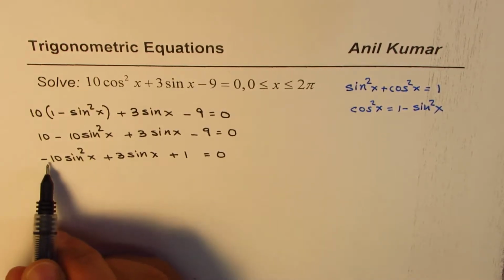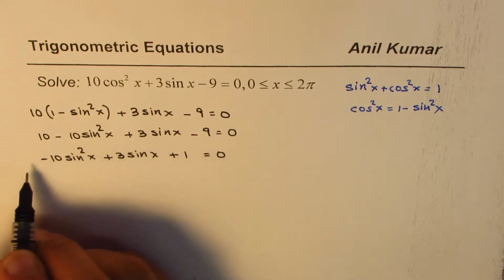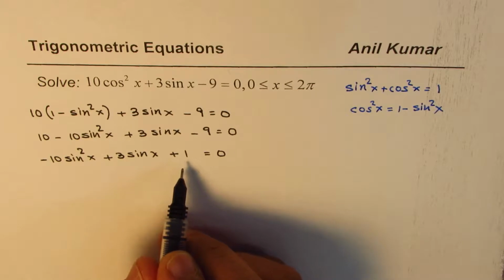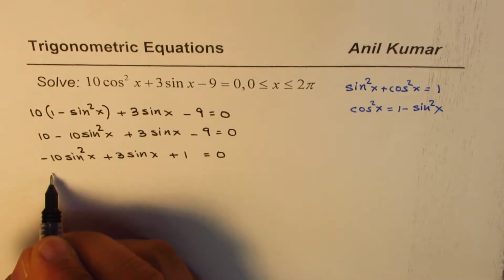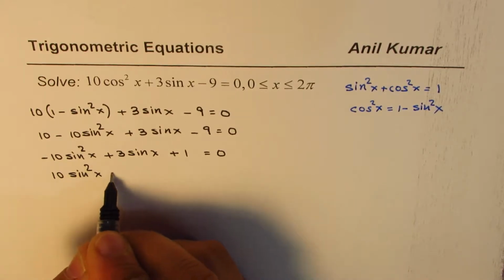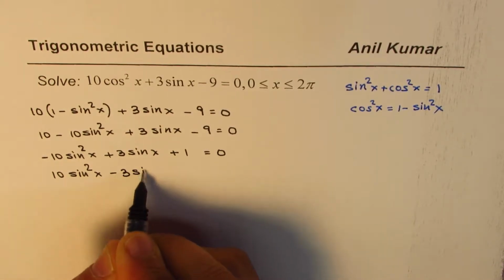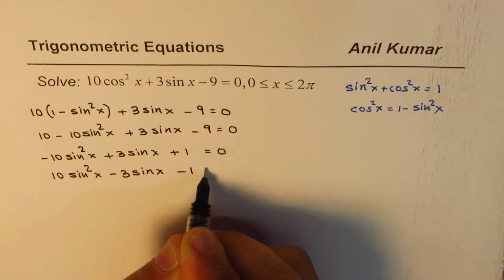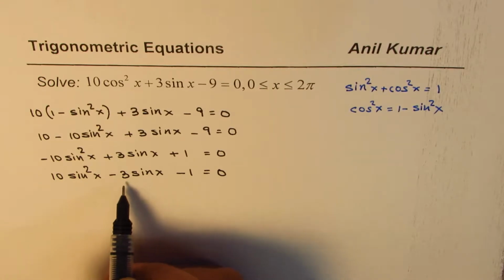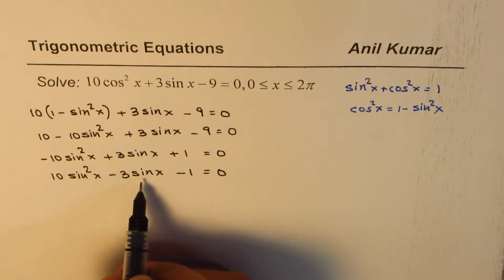It's better to write this with the leading coefficient as positive. So I'll multiply all these terms on both sides by negative 1. So we get 10 sine square x minus 3 sine x minus 1 equals 0, right? Now we can factor by writing minus 3 sine x as a 5 and 2 combination.